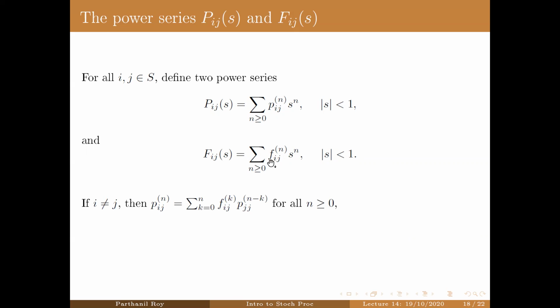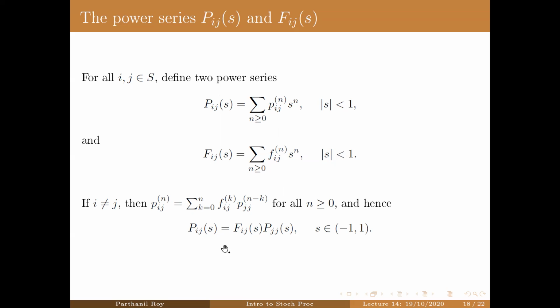Now note that if i is not equal to j, then P_ij^n is this sum for every n bigger than or equal to 0. If you translate this expression into power series, then what you'll immediately get is that P_ij(s) is equal to F_ij(s) times P_jj(s). Why is it so?